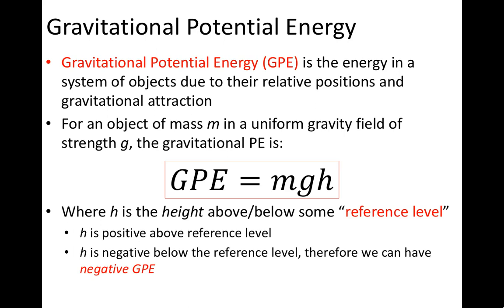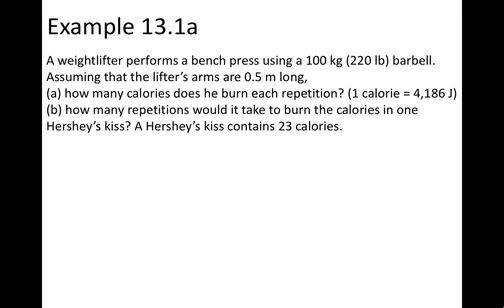But we could also be below this reference level, and therefore we can actually have negative gravitational potential energy. Most of the time, we'll pick a reference level to be the lowest point in the motion of the object. And so that means that gravitational potential energy is usually going to be positive based on the choice of reference level that will be made for you.